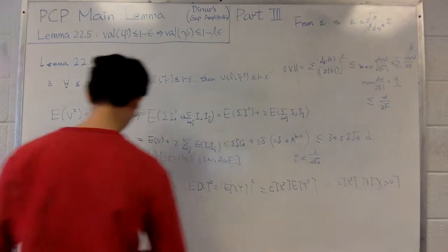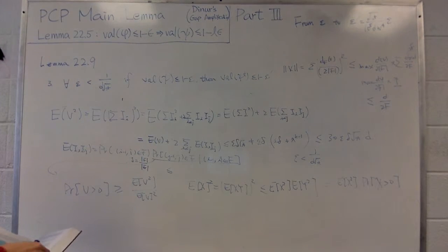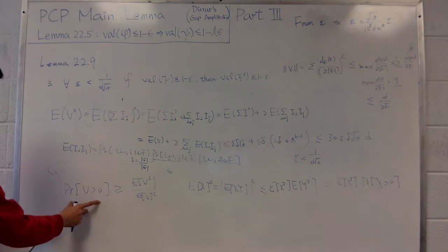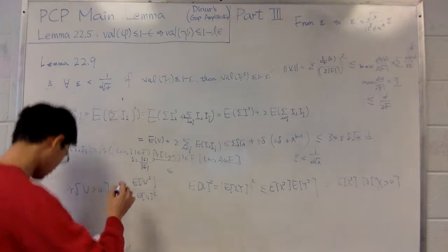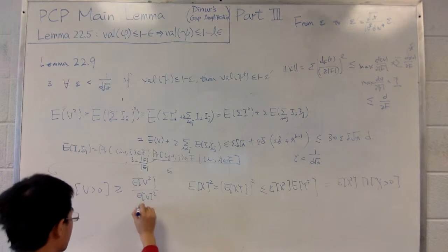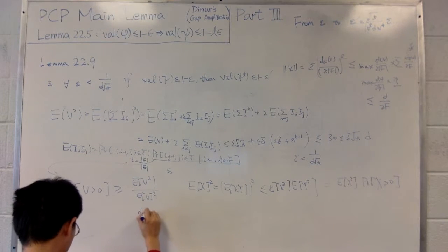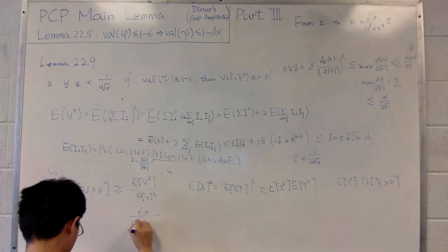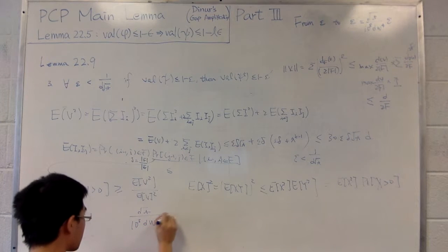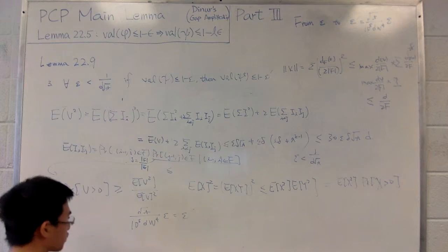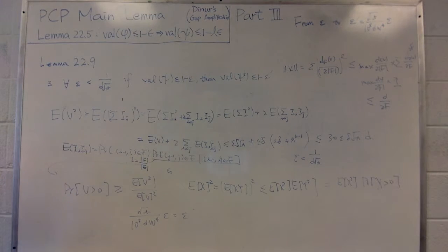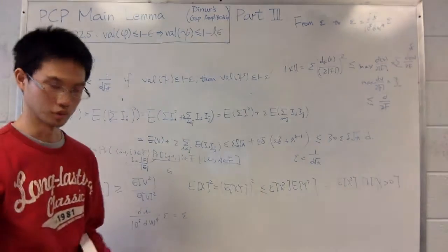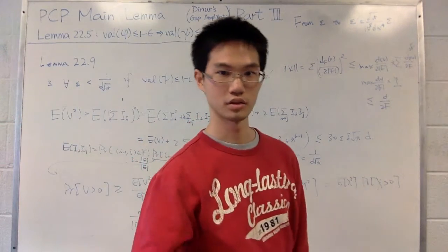So finally we can prove that the probability that a certain path is broken is equal to or bigger than this bound. So here we finish the amplification of the error. Thanks for watching.